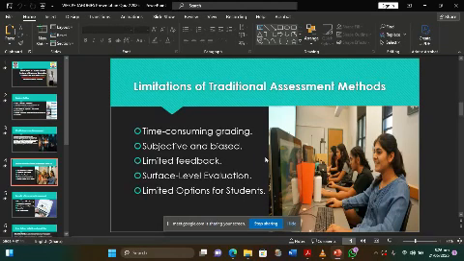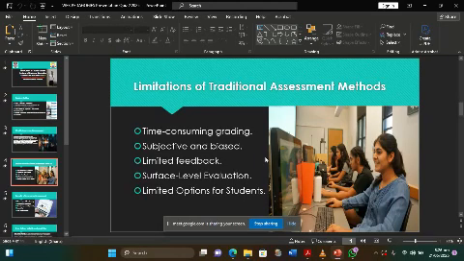Because it is manual grading, there's at times bias. When a teacher likes one student, he can give that student better grades than the others. So that's what we mean by subjective and biased.